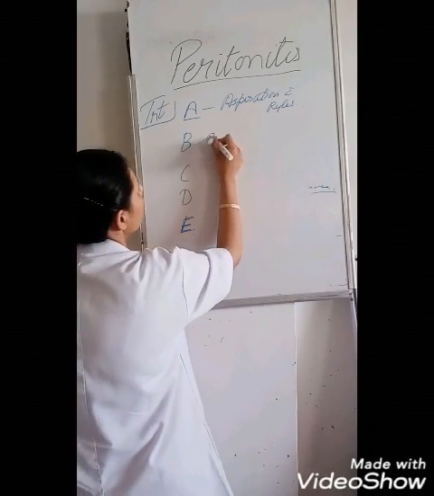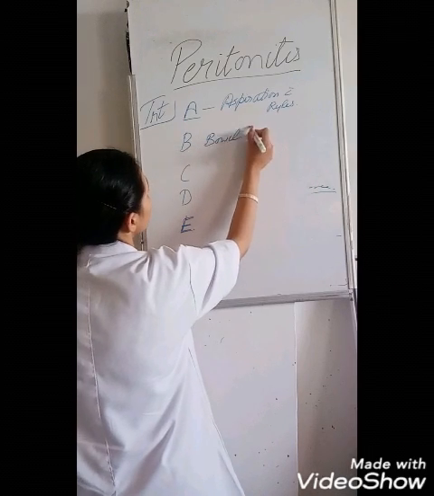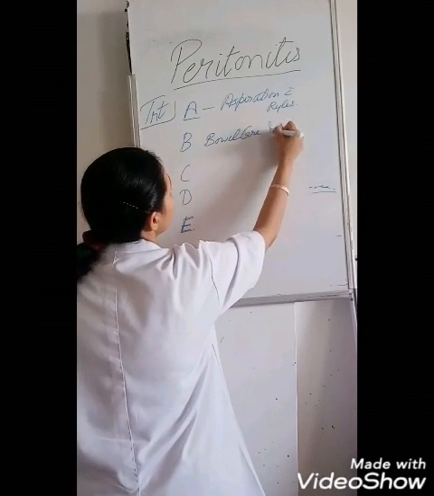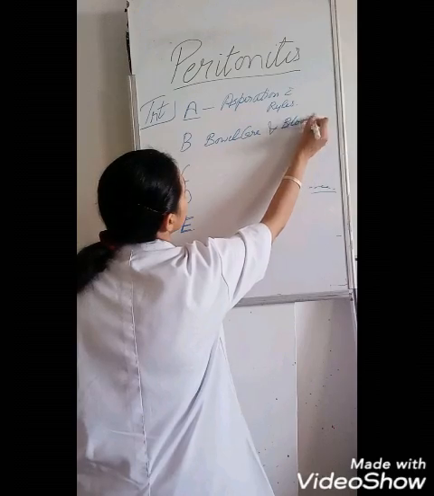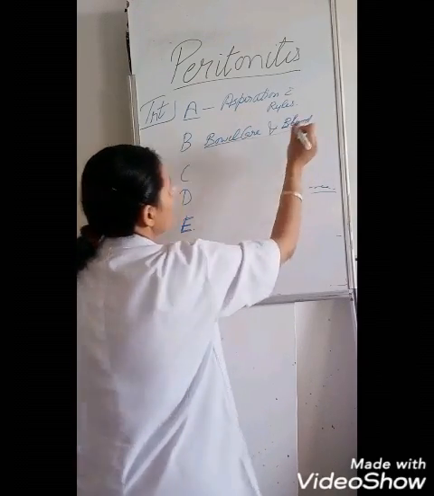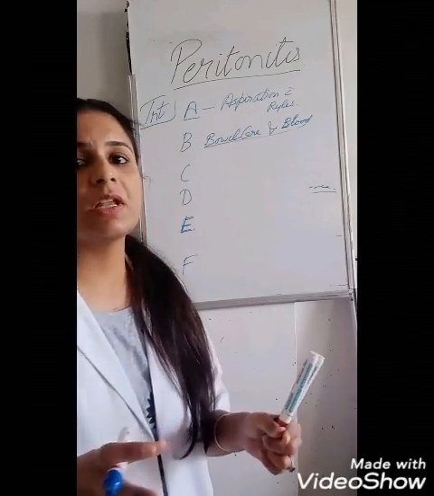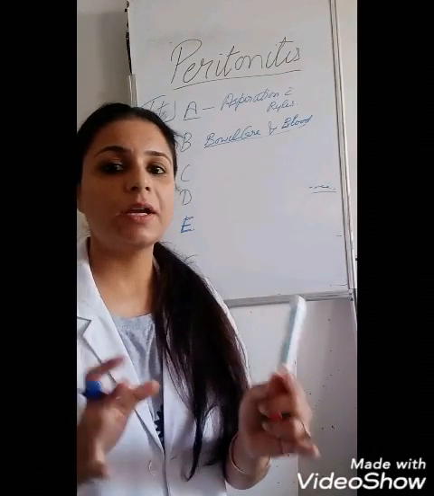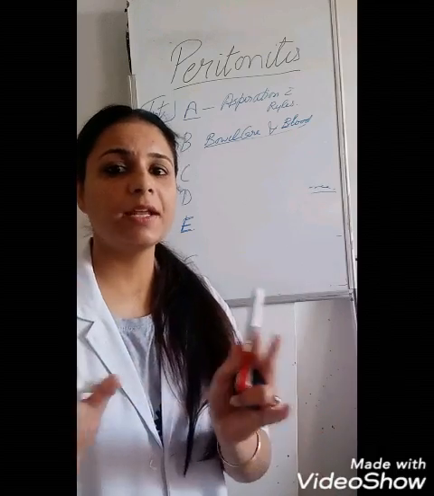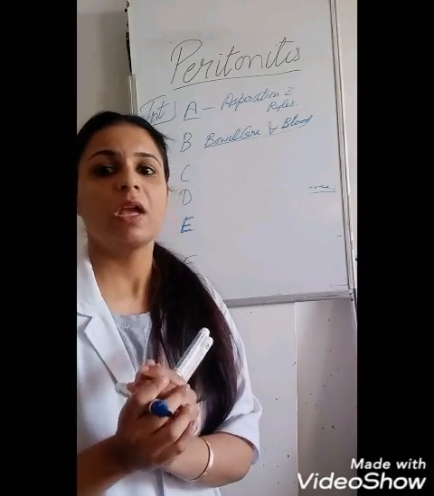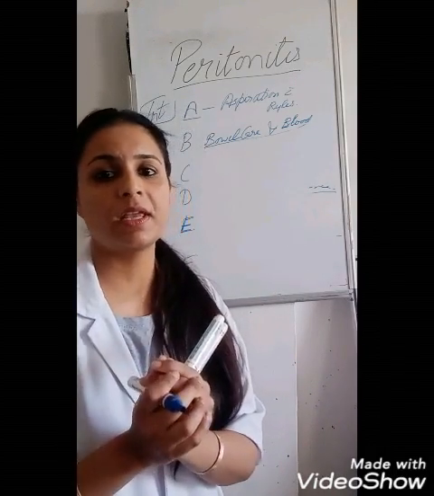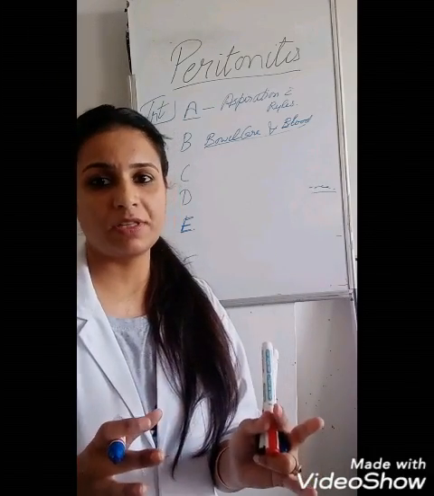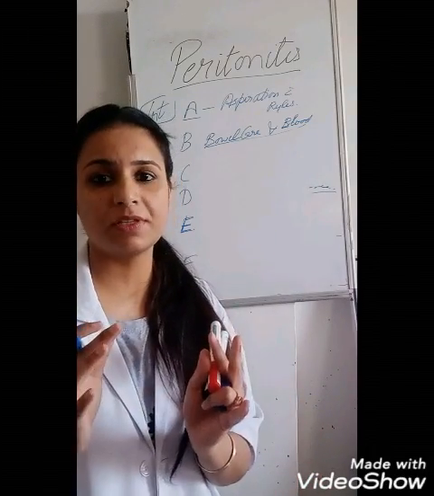Then B, bowel care and blood is arranged. Because I forgot to mention, in investigations also recommend the patient for blood and urine sugar levels, because it is very necessary in every type of disease, especially infective diseases.